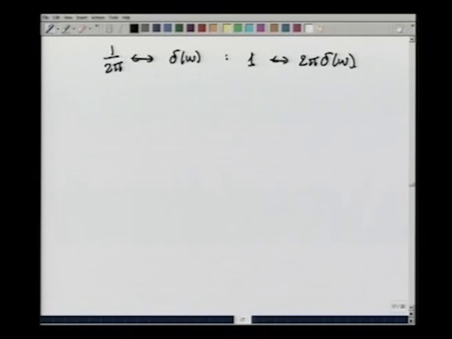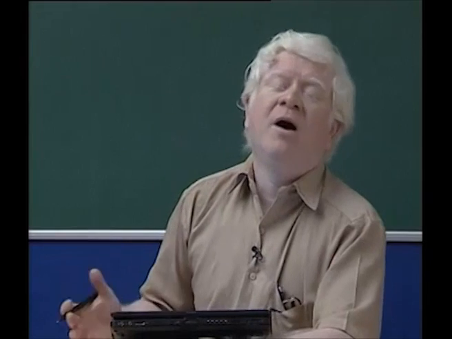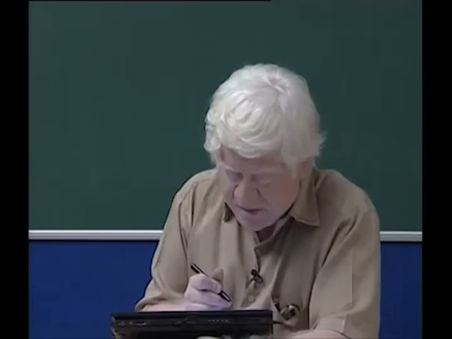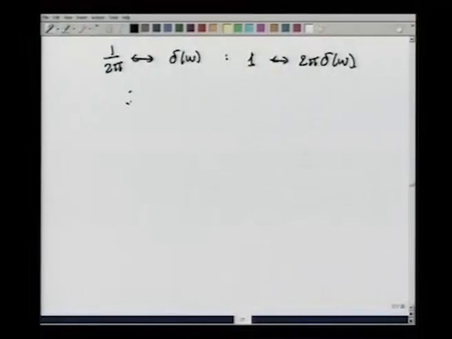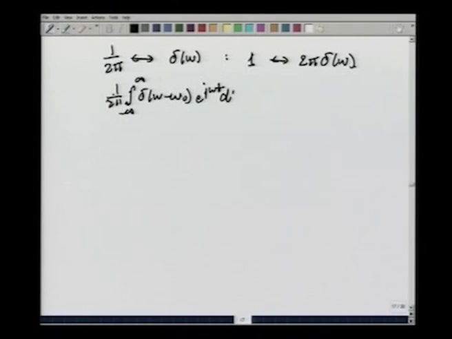Suppose I had a delta in the frequency domain occurring not at omega equal to 0, but at omega equal to some other omega naught. What would we get if you had the integral 1 by 2 pi, with limits minus infinity to infinity, of delta omega minus omega naught e to the j omega t d omega?